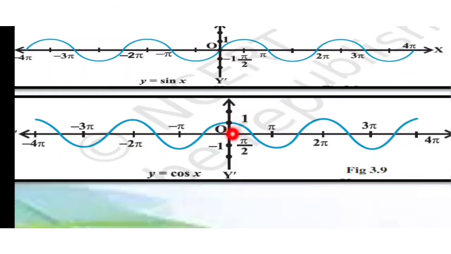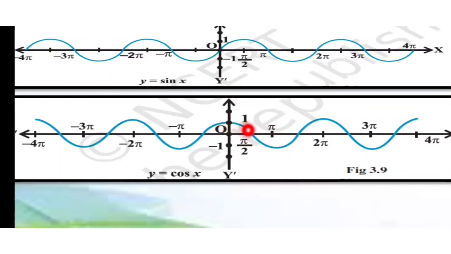And cos 30 will be root 3 by 2, so it comes here. And cos 60 is 1 by 2, and cos 90 is 0, it comes here. And cos pi is minus 1.